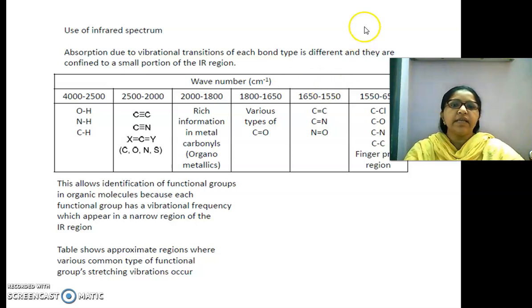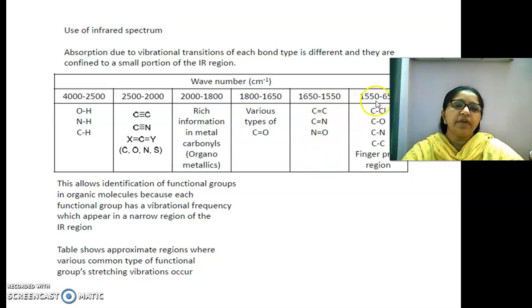Similarly, 1800 to 1650 is typically for ketones or aldehydes or any type of C double bond O. 1650 to 1550 is C double bond C, C double bond N, N double bond O.